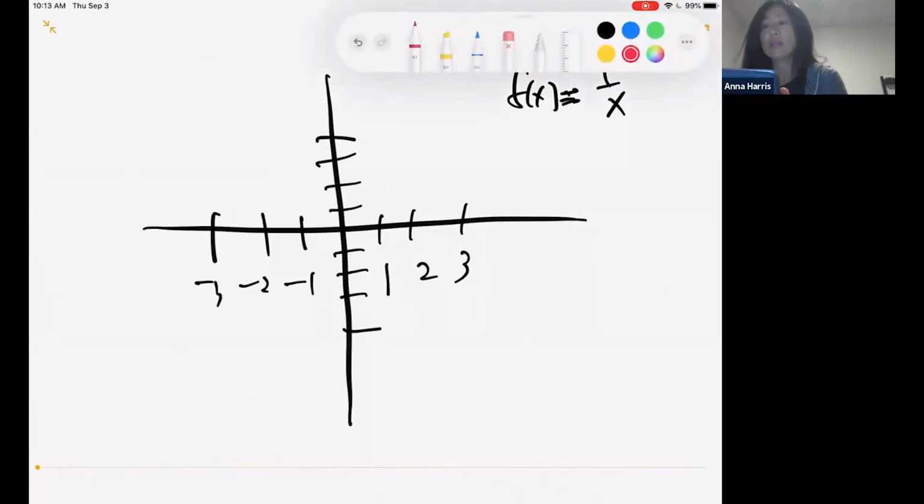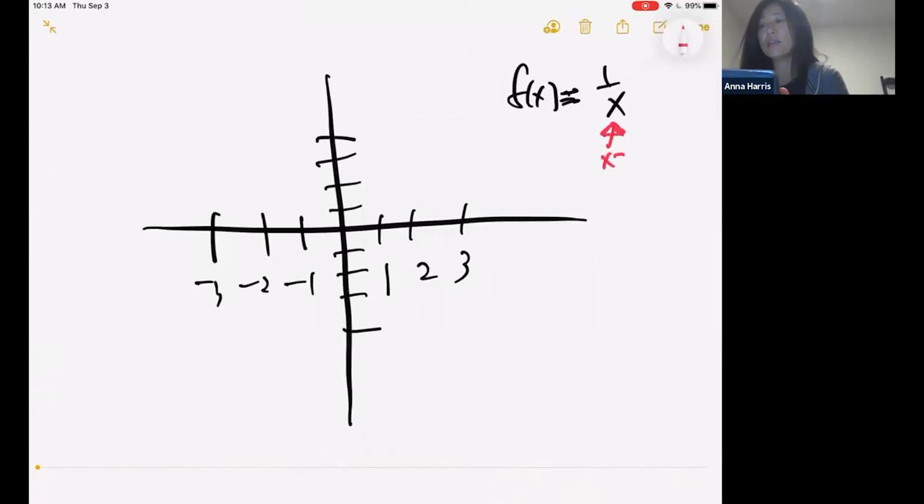Because if I plug in x equals 0, what happens? You get 1 over 0, isn't it? Which means what? It's undefined.